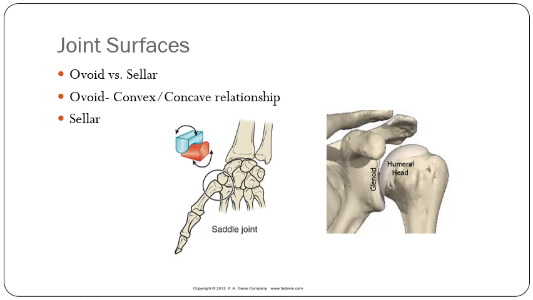So two examples of where saddle joint surfaces are present are the carpometacarpal joint at the thumb and the sternoclavicular joint. Even the ankle joint, which is classified as a hinge joint, has convex and concave surfaces on both sides when you look at the surfaces.